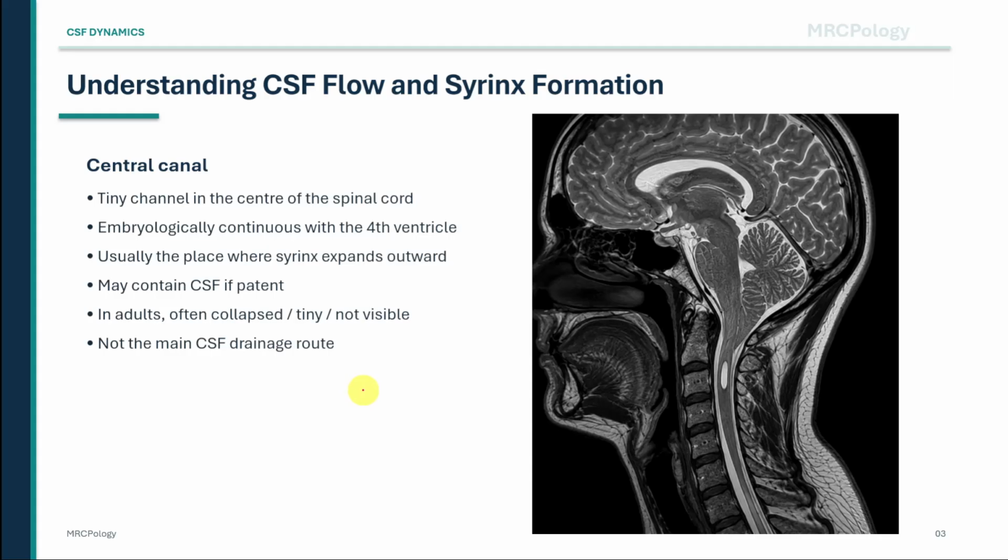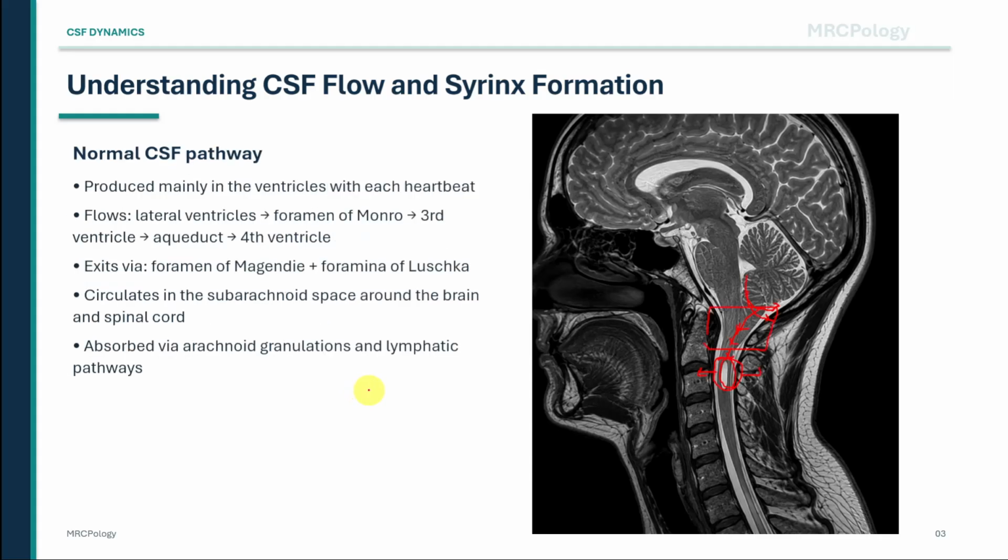Before going further into symptoms, let us understand the cerebrospinal fluid pathway, because it explains why Chiari malformation can produce a syrinx. Cerebrospinal fluid is produced mainly within the ventricles, especially by the choroid plexus. With each heartbeat, there is a pulsatile movement of cerebrospinal fluid. It flows from the lateral ventricles through the foramina of Monro into the third ventricle, then through the cerebral aqueduct into the fourth ventricle.